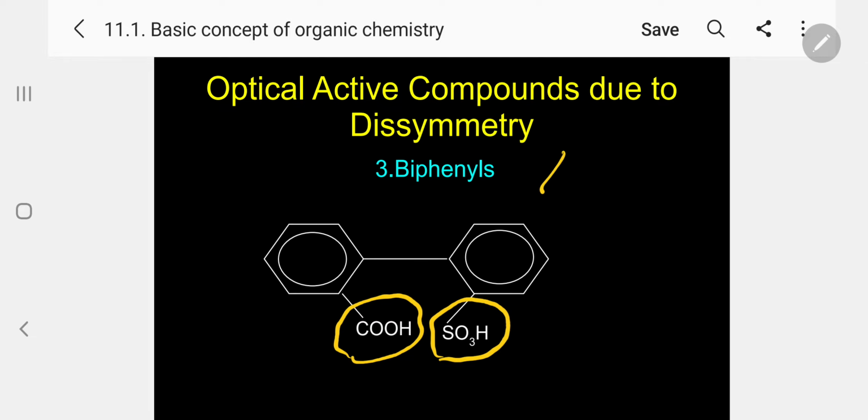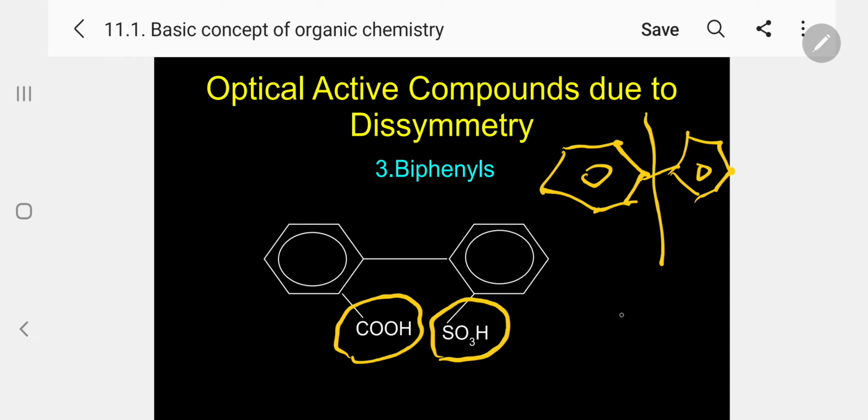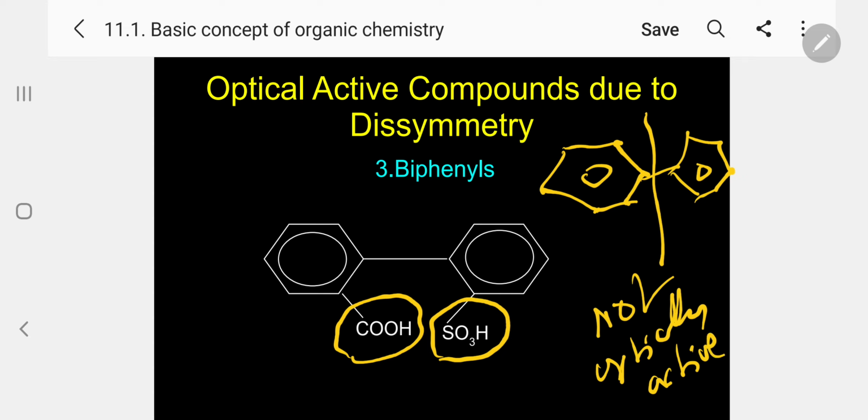The normal biphenyl, kindly follow, can be easily rotated, so both rings can be in the same plane. There may be a plane of symmetry. This is not optically active. So simple biphenyl is not optically active.